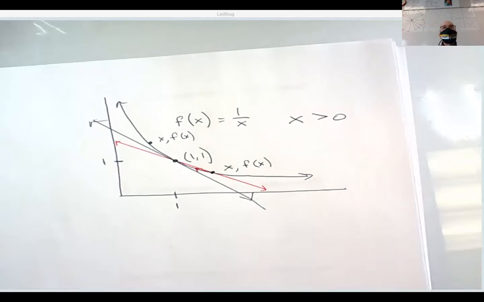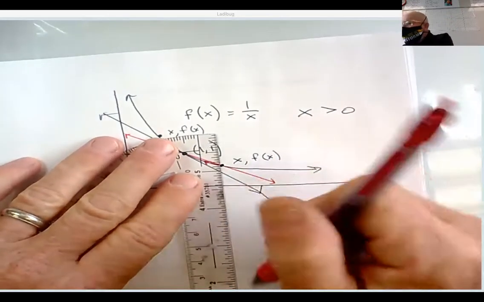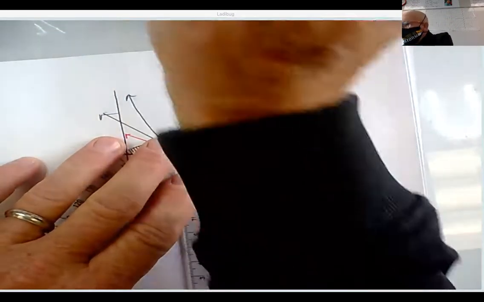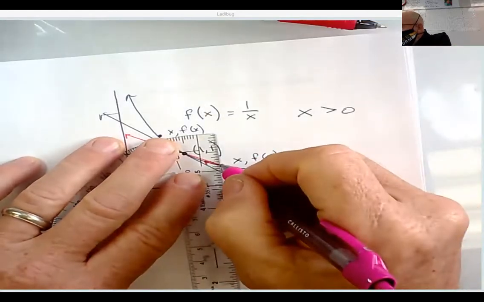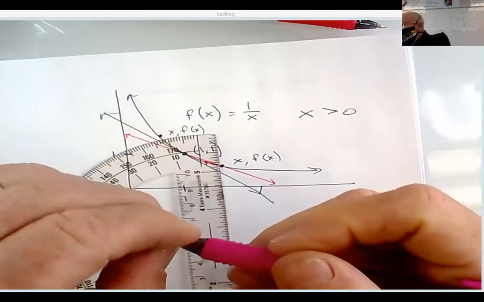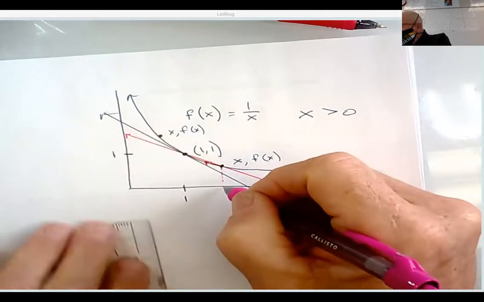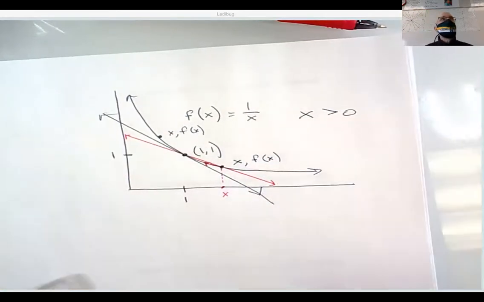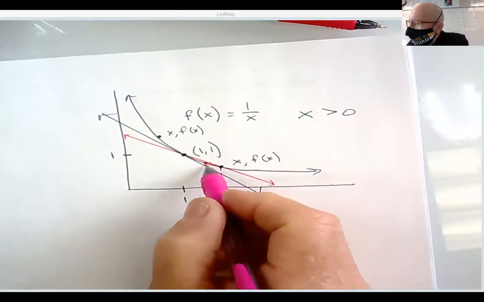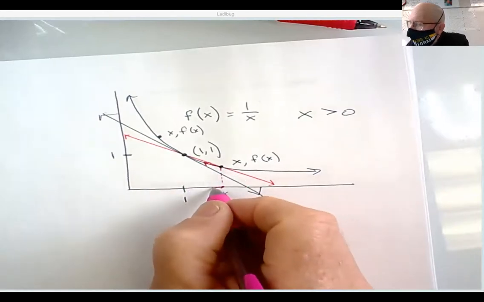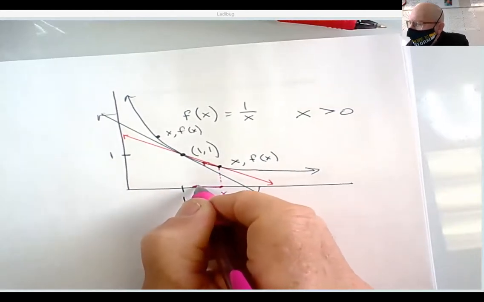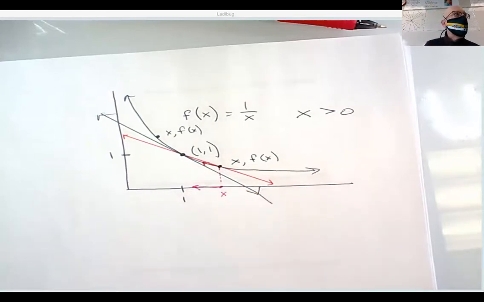Does that make sense? So down here, that's where x is, correct? As I slide that point along that curve, that x is approaching 1 from the right. Would you agree?